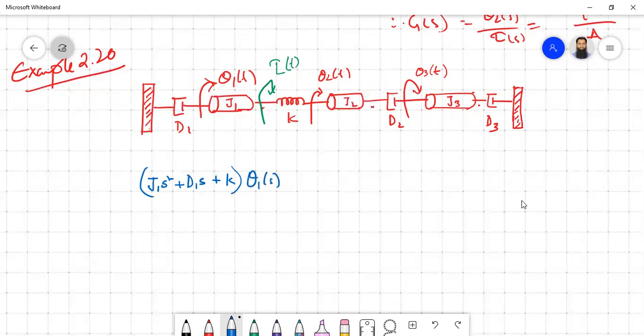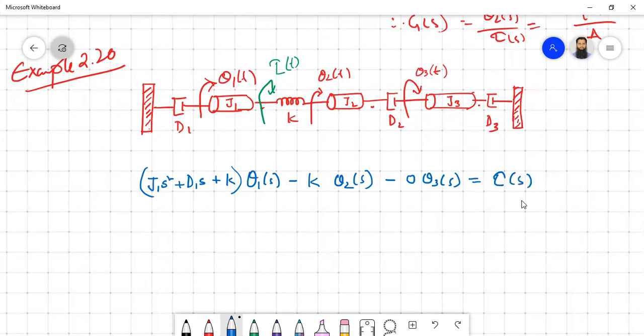Then what is common between angular movement 1 and 2 is the spring k, so minus k theta 2(s). Is there anything common between theta 1 and theta 3? No. In that case, it will be simply 0 theta 3(s), or just simply 0. And also the torque is being applied here, so tau(s). So this is your equation 1.